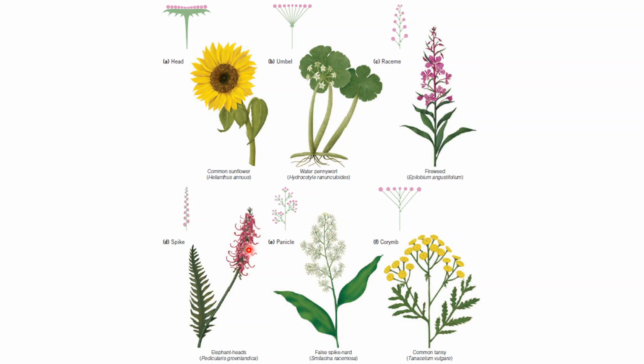So the name is given by the look of the flowers. Then false spike knot is a panicle, and the common tansy is a corymb. So these are the inflorescence.